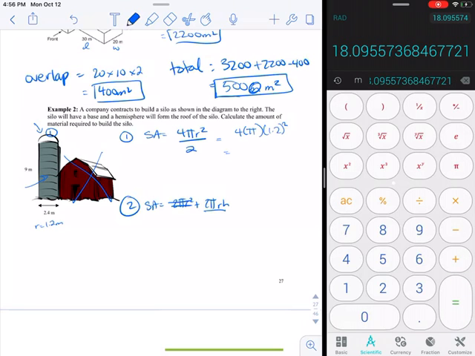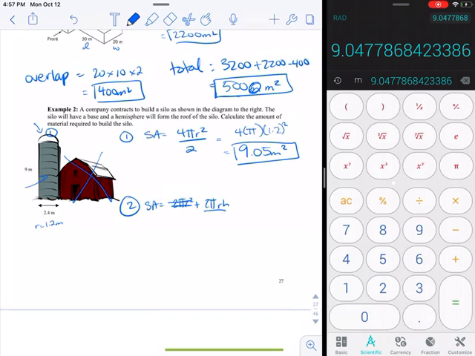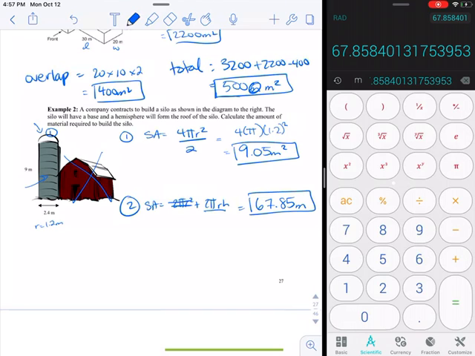That gives us 18. And we need to divide by 2. Yep, so I had it right. So that's 9.05 meters squared. And then this part, 2 times pi times radius, which is 1.2, times the height of 9 meters. That comes out to be 67.85 meters squared. So let's add that back to 9.05. So our total, 76.9 meters squared.